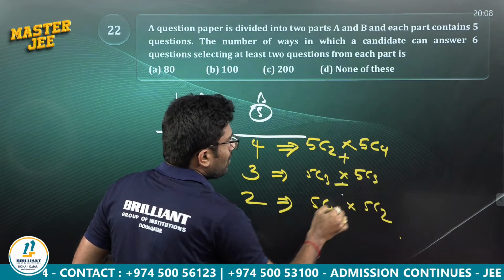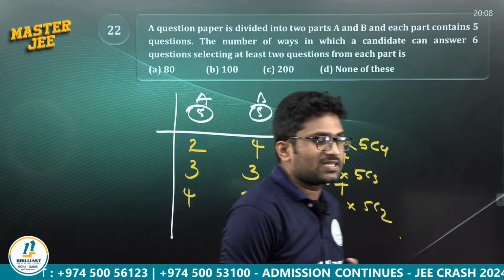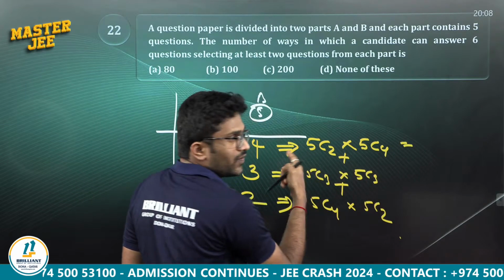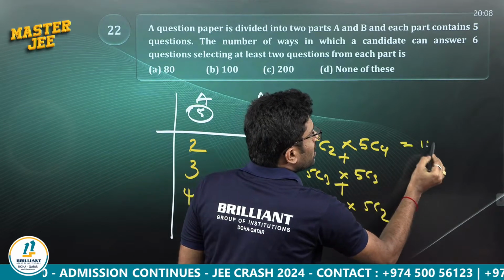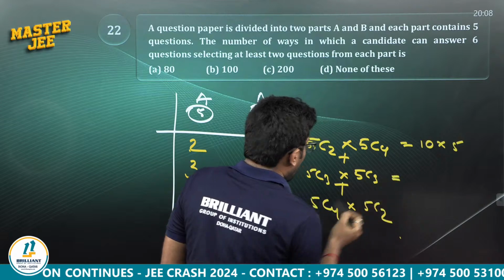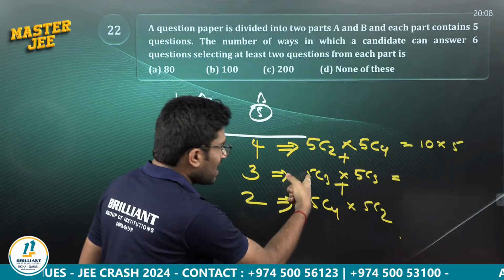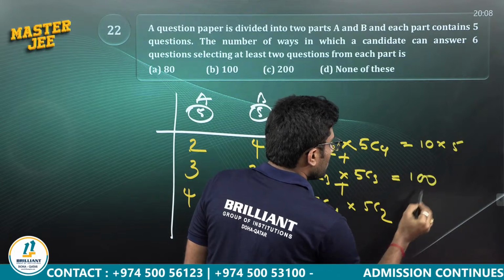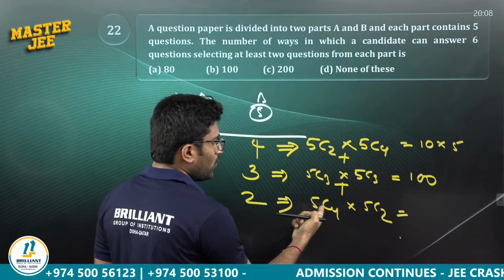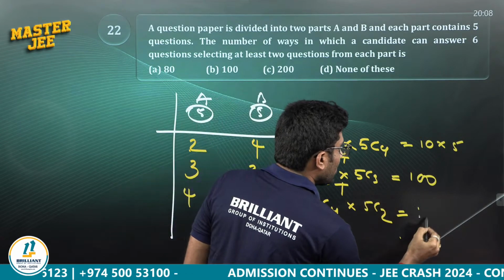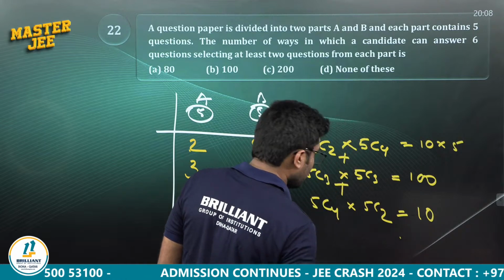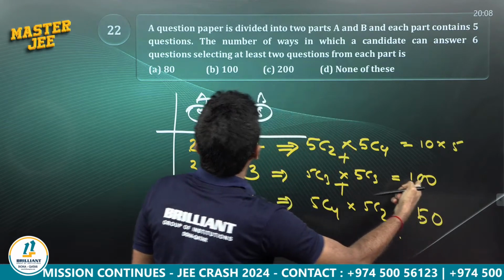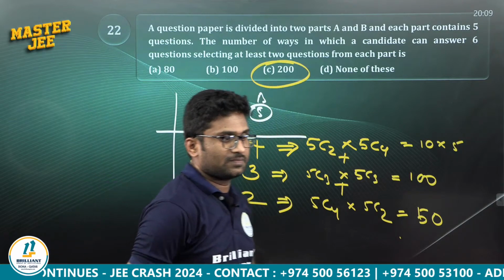Adding these 3 possible cases gives the required answer. 5C2 is 5 into 4 by 2, which is 10, so 10 into 5 is 50. 5C3 is the same as 5C2, so 10 into 10 is 100. And 5C4 into 5C2 is 5 into 10, which is 50. Adding 50 plus 100 plus 50, 200 is our answer.